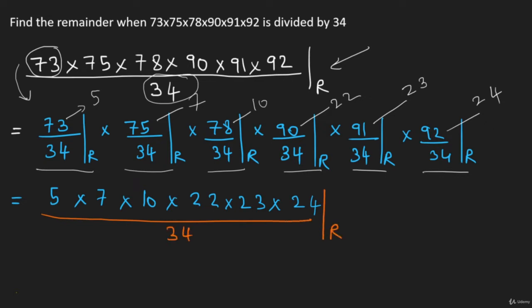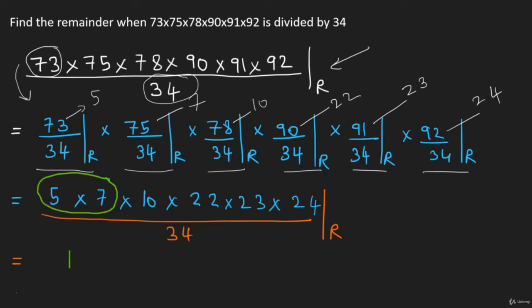All right. Now, again, we don't need to multiply all of these to find the remainder. Instead, we can again apply the basic remainder theorem, right? So let me just take 5 and 7 together, that's 35, right? And 35 divided by 34 will give me a remainder of 1, because 35 is 1 into 34 plus 1.